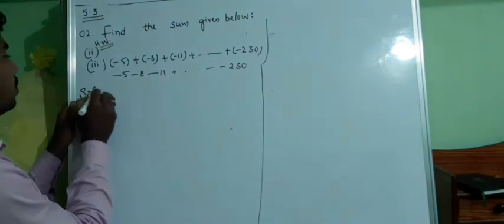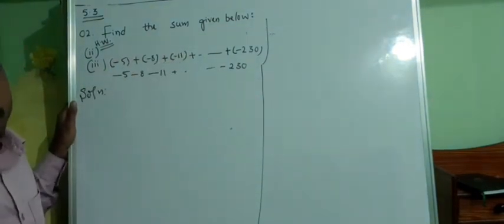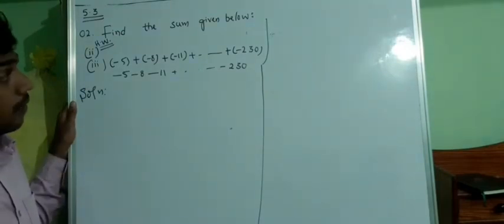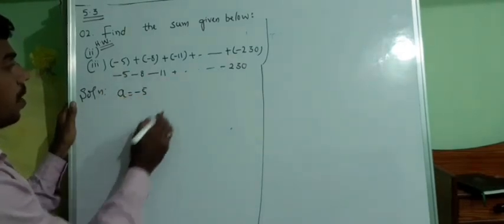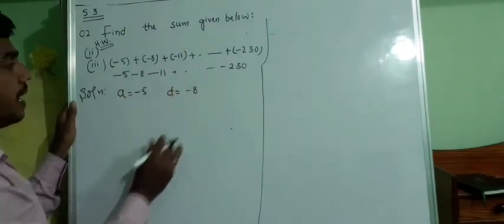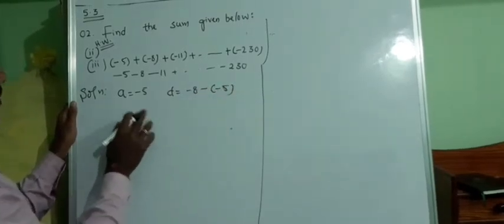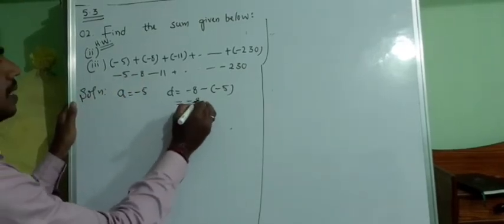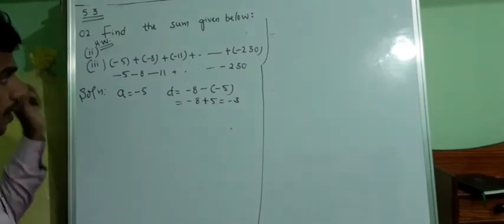First term and last term are given. What will be the formula? Sn is equal to n by 2 into (a plus l). So first we need to know n. We know a here, minus 5. What is d? Minus 8 minus of minus 5, that is succeeding minus preceding term, that is minus 8 plus 5 is equal to minus 3. Minus 3 is d.